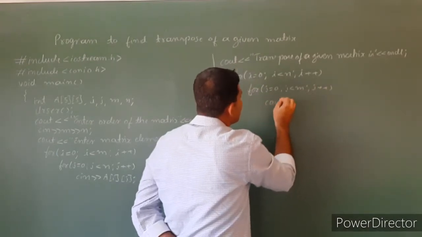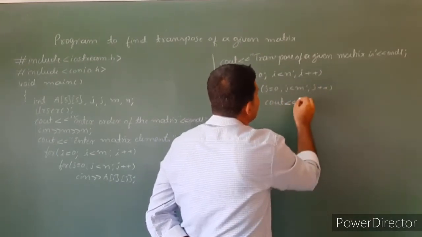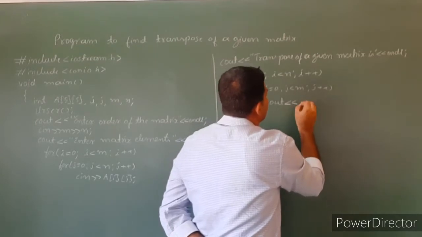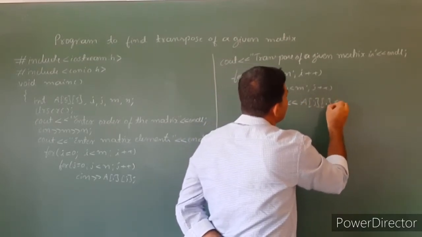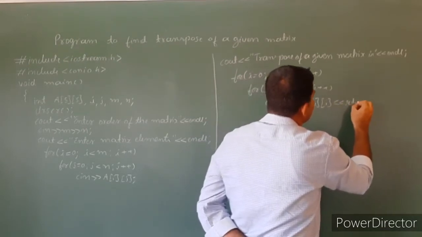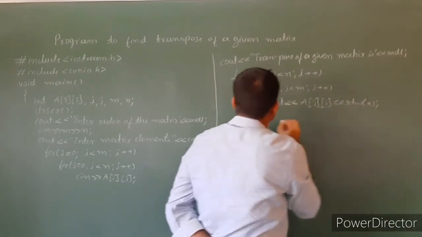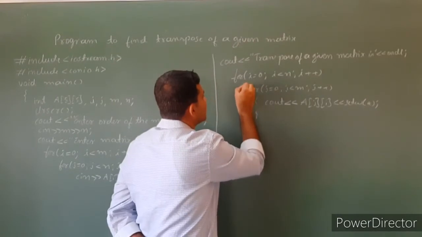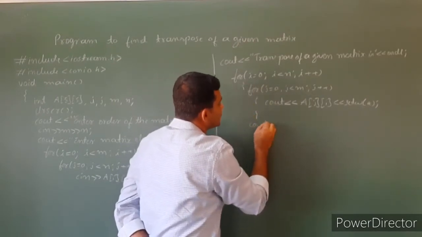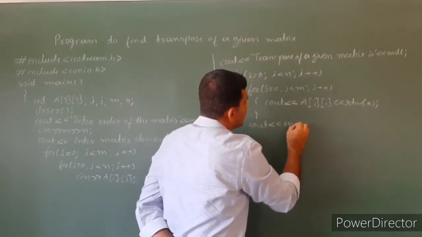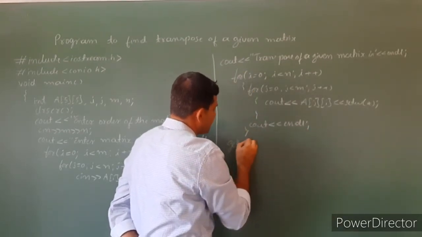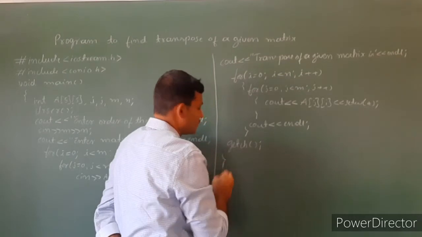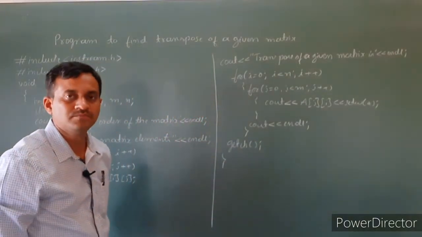Then cout array of, first write the j value, then write the i value, then set width of 4. Close the inner for loop, then output endl. Close the outer for loop, getch function, close the main program.